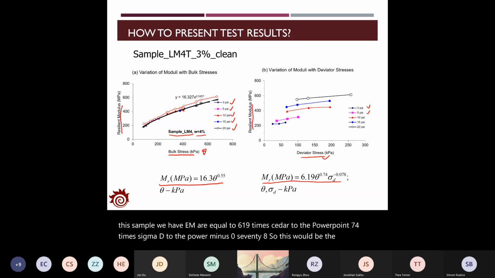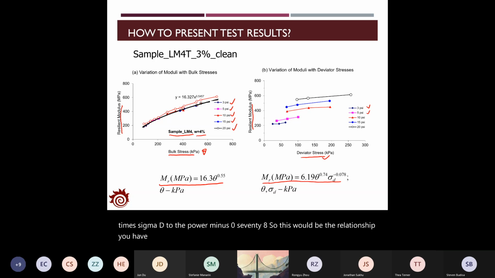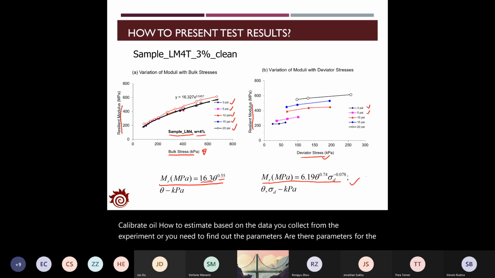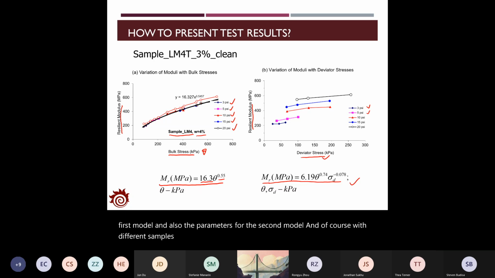This would be the relationship you have to calibrate, or estimate, based on the data you collect from the experiment. You need to find the parameters for the first model and also the parameters for the second model. Of course, with different samples you prepared, you will find different values. Like for the first one, the coefficients will not be 16.3 or 0.55, and it also applies to the second model.